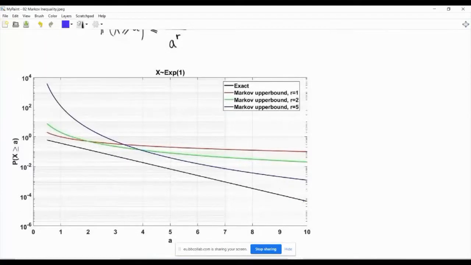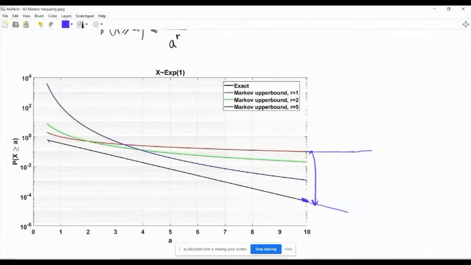This is the exact probability. Now I have the Markov upper bound with r equals 1. This is the conventional Markov bound that we did. It is the red line, and you can see that the distance between the red line and the true probability is increasing, because the true probability decays faster.